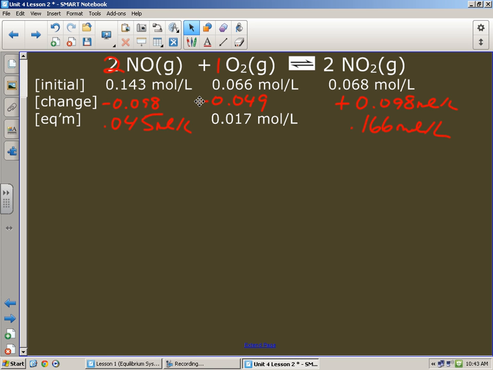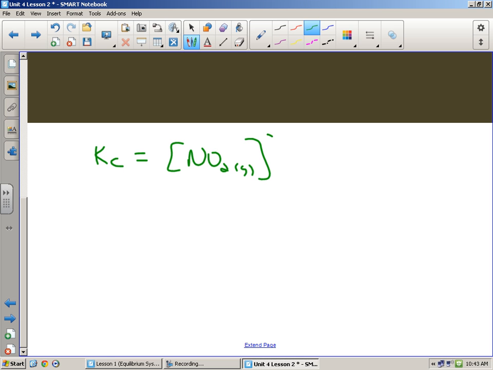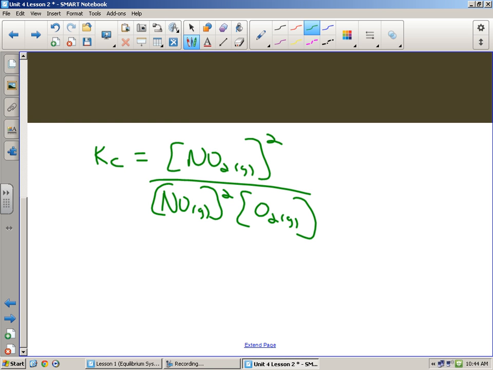Now, the equilibrium law tells me the following. I need to take the concentration of NO2 squared over NO squared and O2, just like that. You're going to substitute the numbers in, of course.